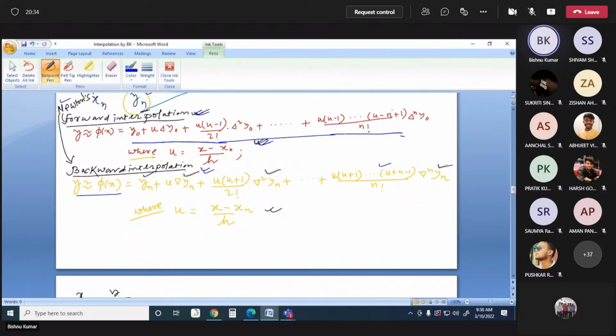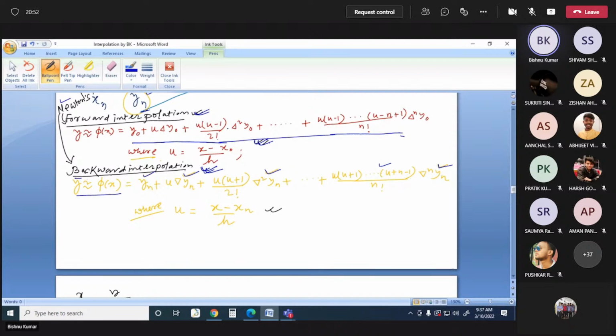That product term you just multiply along with the lower diagonal elements, and within the program you have to construct the difference table, and pick up for this technique the lower diagonal elements and associate factors. You just multiply and do the series sum.